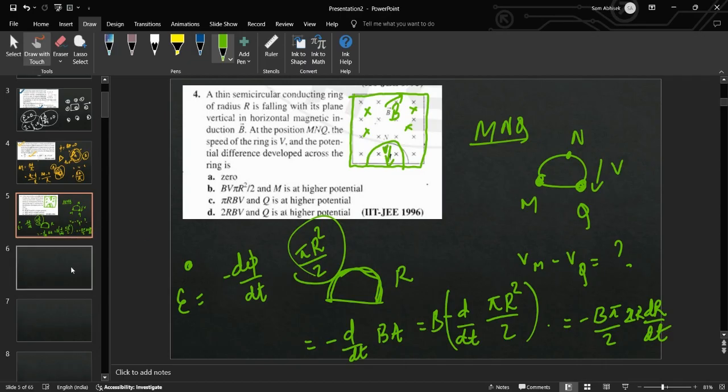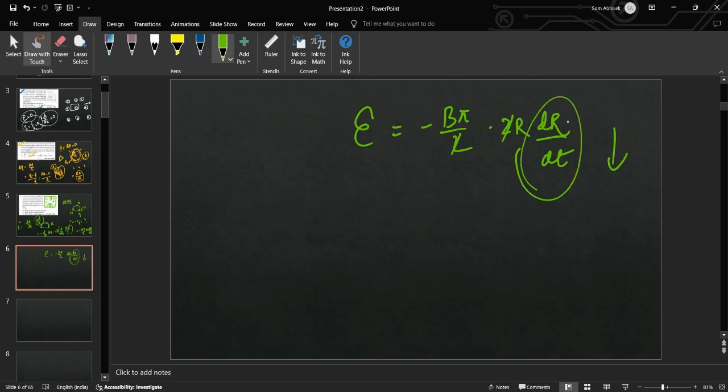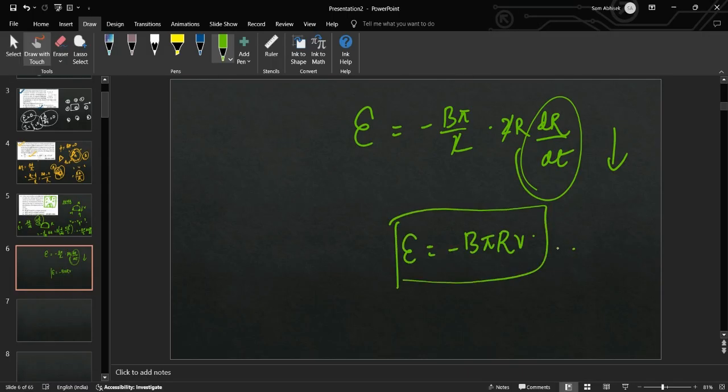The 2 cancels out. So dr by dt is the rate of distance, which is velocity. So minus B pi r v. So this should be the answer.